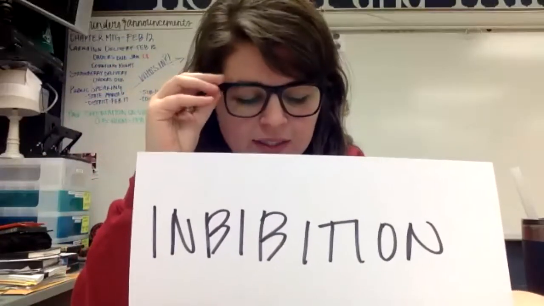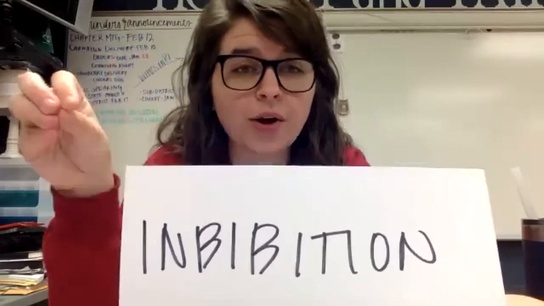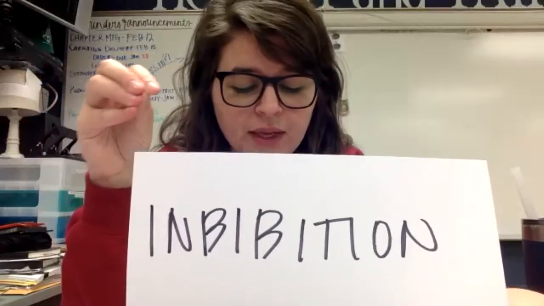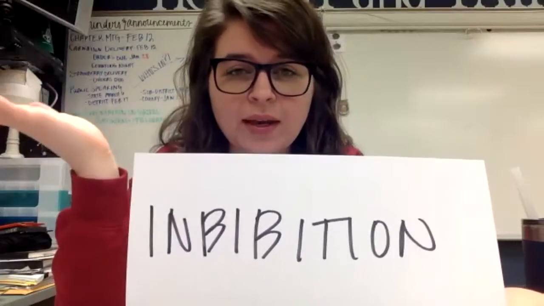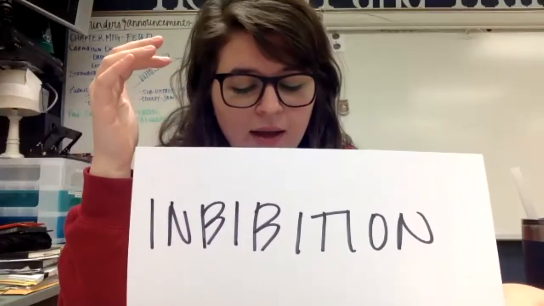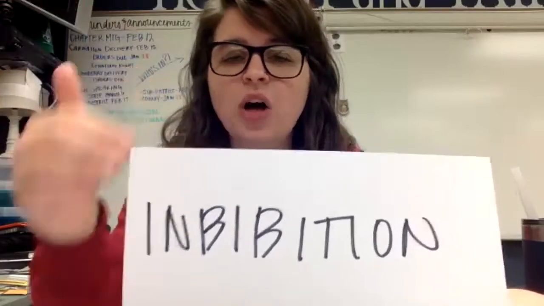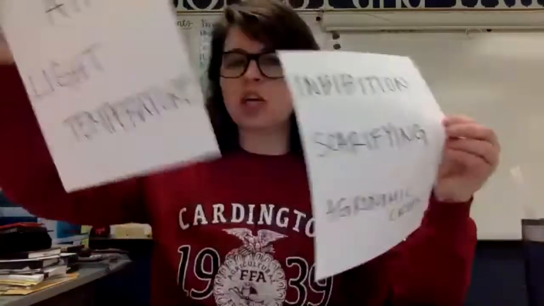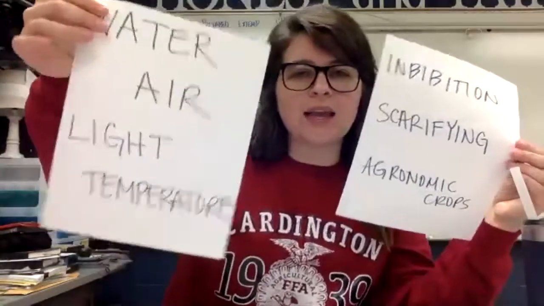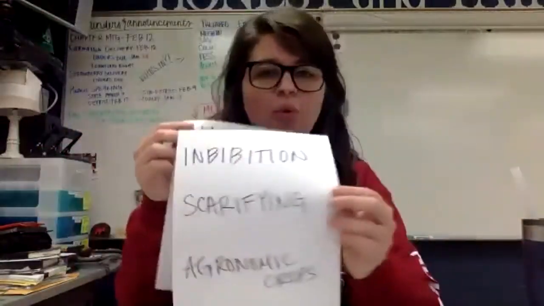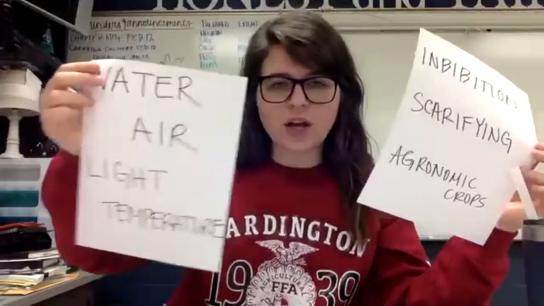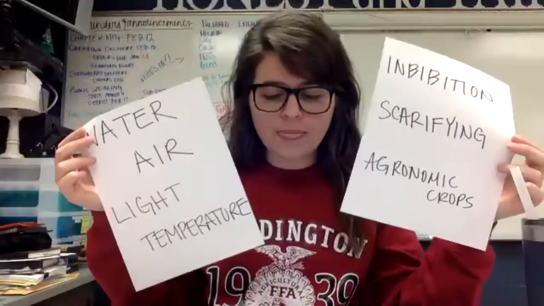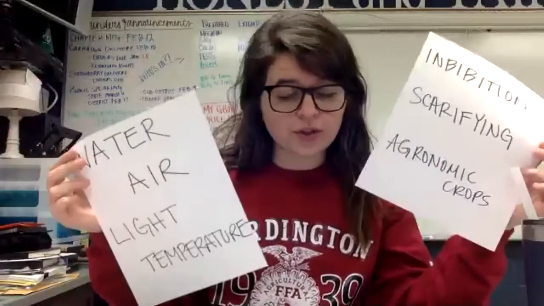So this allows for the seed to fill its cells with water, allowing the seed to break open into germination with other favorable conditions. So as long as it is filled with water and it has the appropriate amount of air, the appropriate amount of light, and the warm enough temperature, like just the water isn't going to do it, but if it has all those other things, then it's going to be able to grow and flourish.